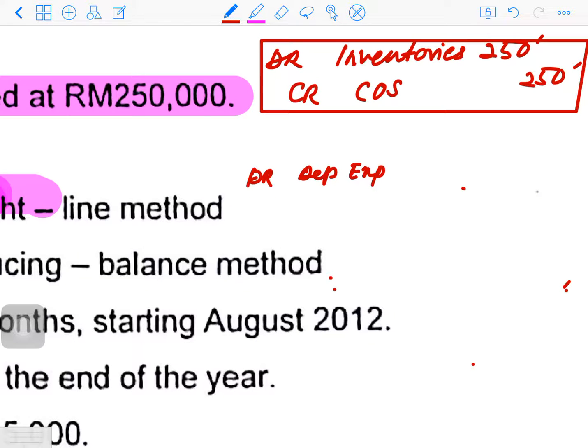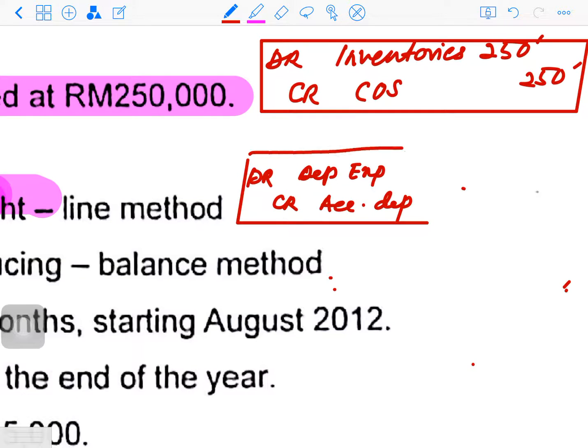You have to decide which expense this depreciation expense is under: administrative, selling and distribution, or finance cost. This is actually under administrative expense. So debit depreciation expense, credit accumulated depreciation. This is the double entry.